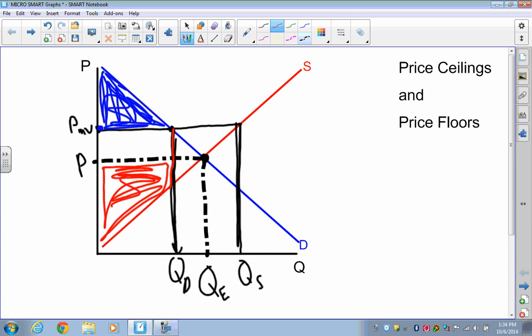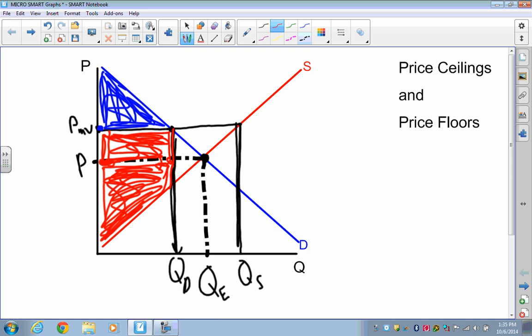So we go ahead and we color this whole area in, except now that the price is higher, remember, this was an equilibrium price. People would sell for here, but what price are they going to get? Up here. Even people here will get a higher price, which means the producer surplus, the red, is what?